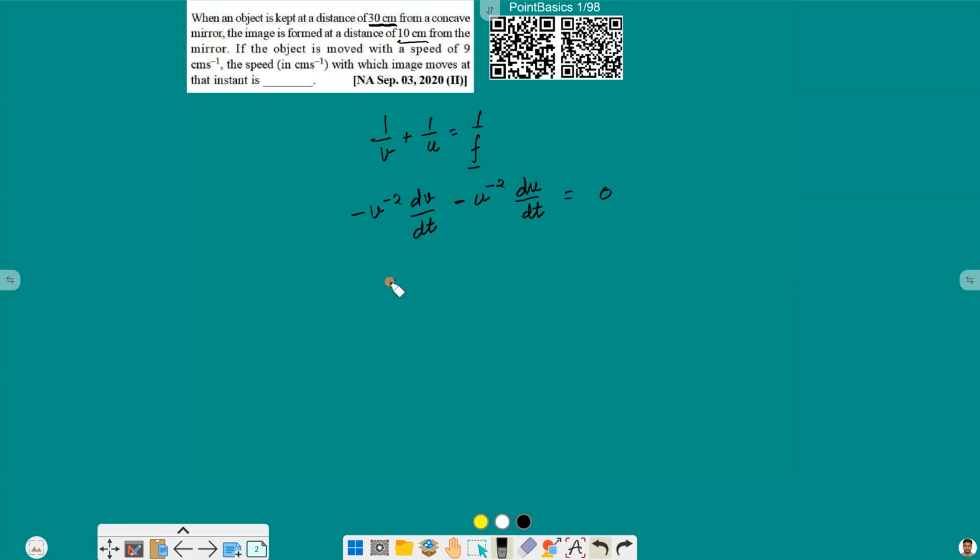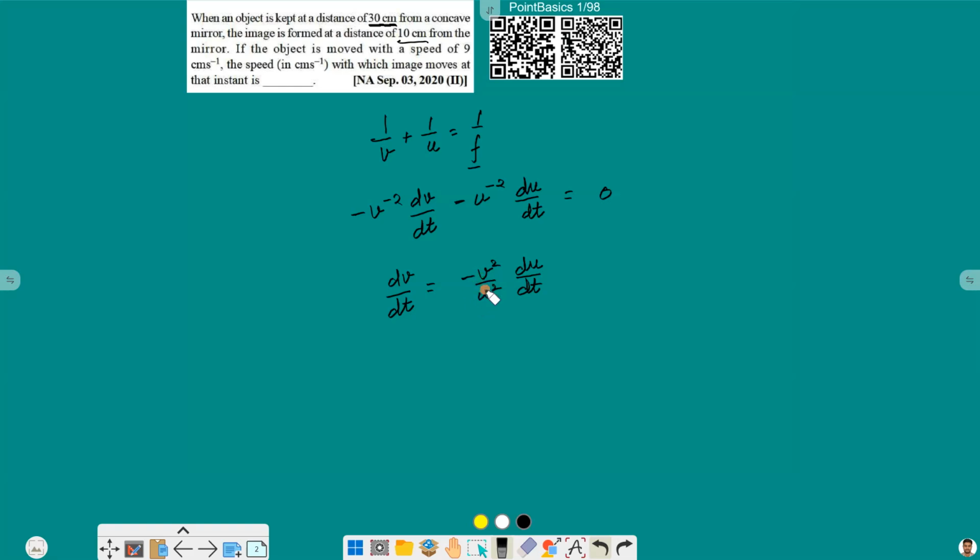And from this we can get that dv by dt, that is the change in the position of the image with respect to time, that is basically velocity of image. It will be minus of v square by u square into du by dt, and du by dt is velocity of object.